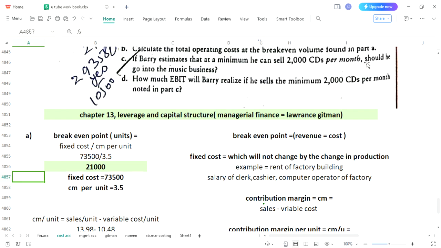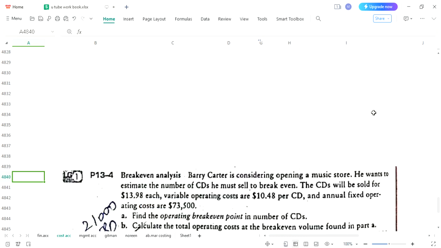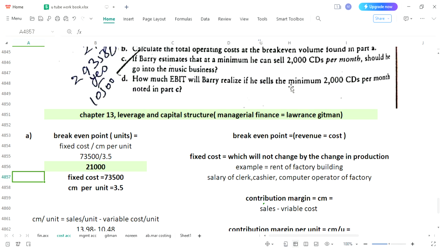Come to the question. You can see your costs are given per annum, annual fixed cost, while here it has been mentioned that he can sell 2000 CDs per month. Both units are not matched. Your costs are for the full year per annum, while the number of units sold is per month.